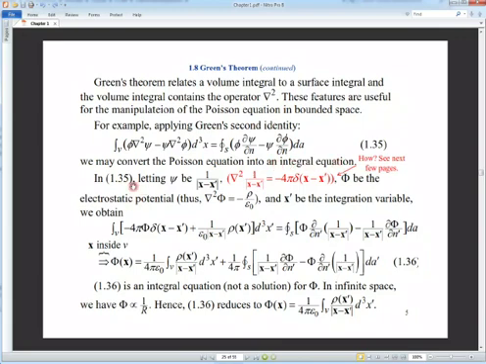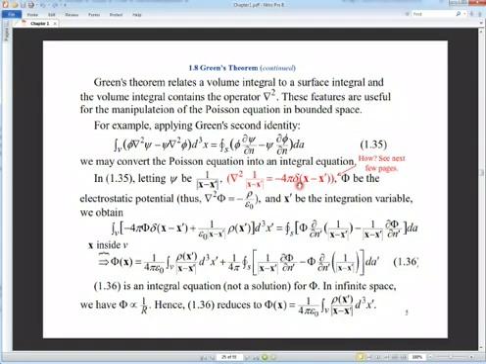Just in relation 1.35 here, letting psi be 1 over the magnitude of x minus x prime, I mean, del squared of 1 over x minus x prime is equal to minus 4 pi delta function.